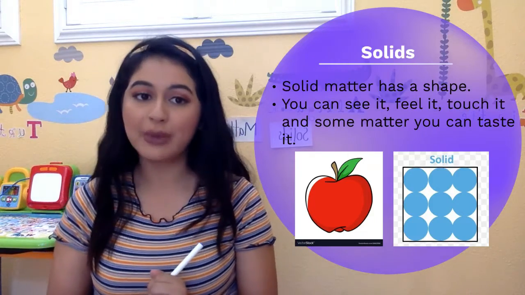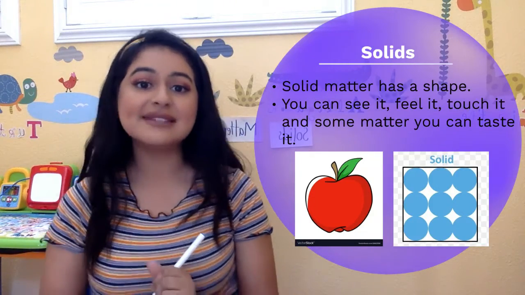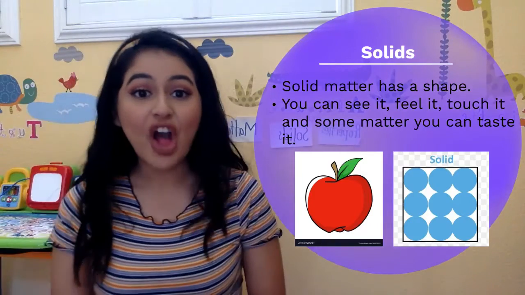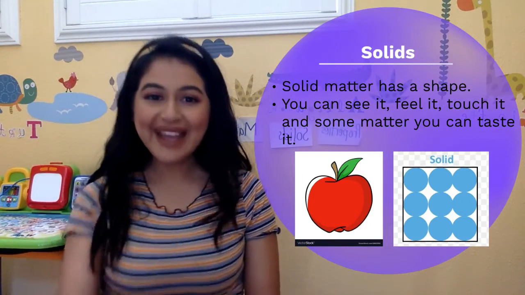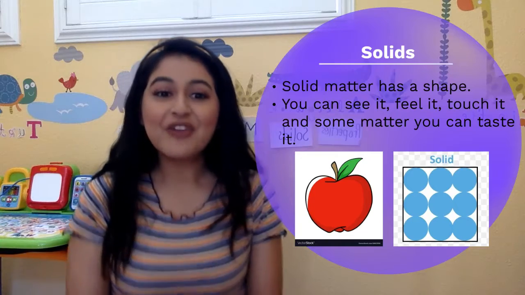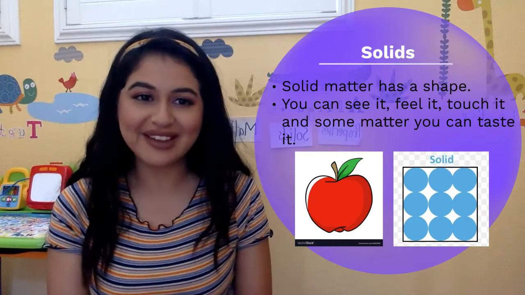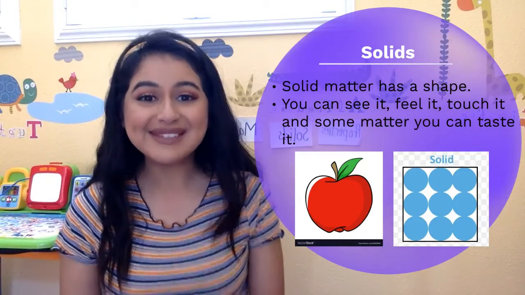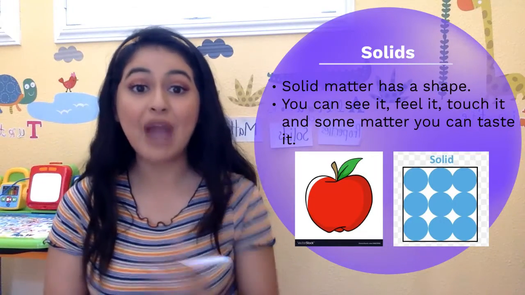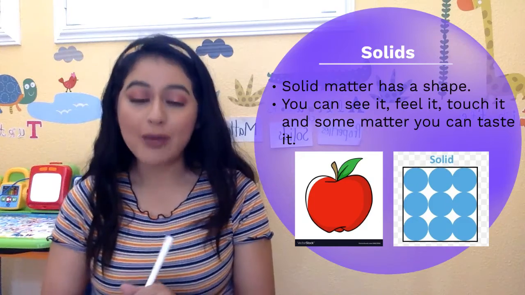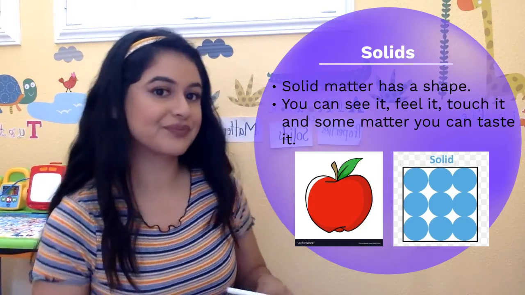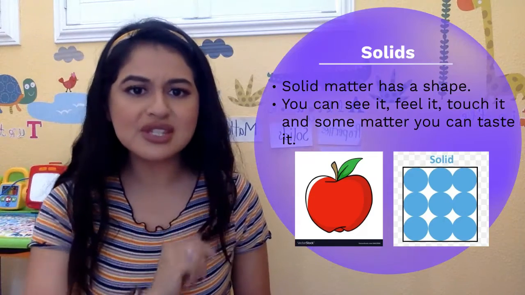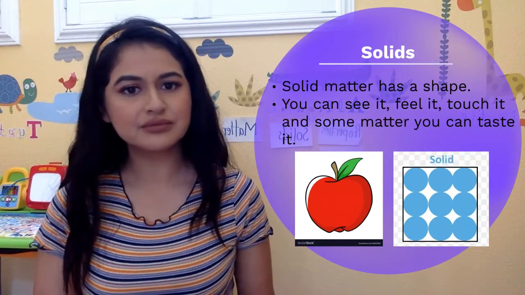So solid properties that you can see is that it has a fixed volume. Yes, Josue! Volume is one of our vocabulary terms. Volume in science refers to the amount of space the object takes up. Do you see those little circles inside that square?